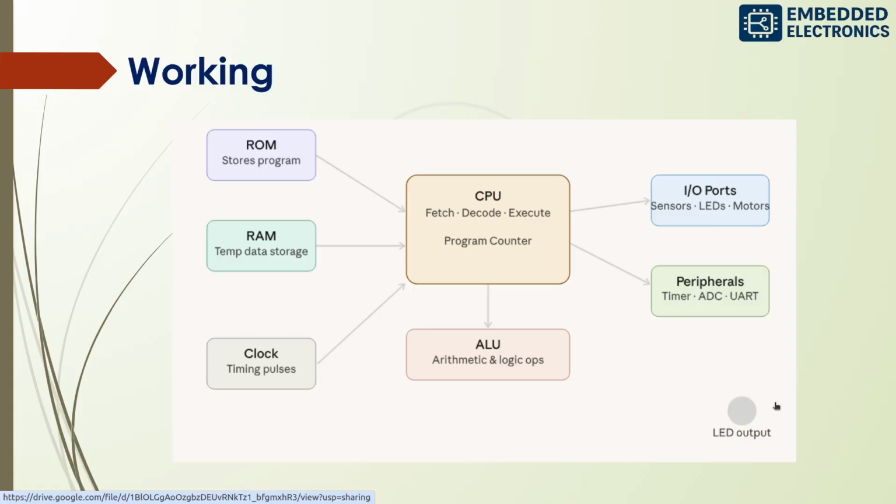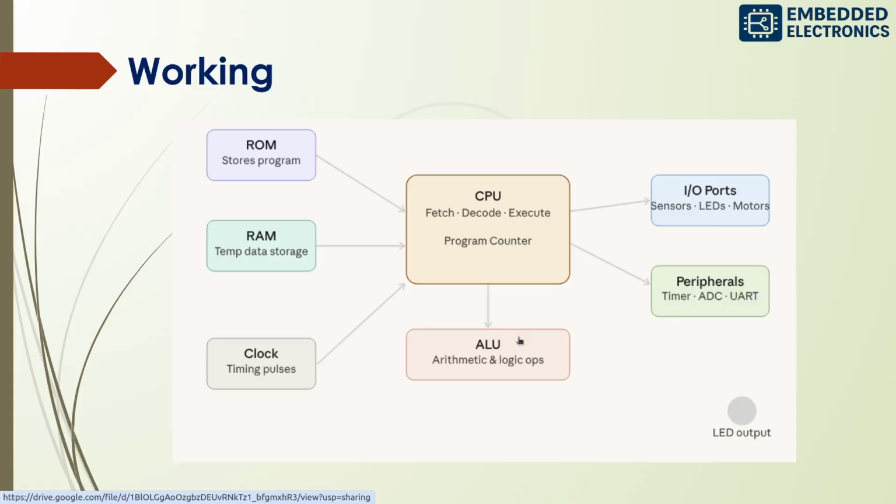So communication with other chips happens via protocols like UART, SPI, I2C, CAN or USB depending on the applications. So the ROM stores your program permanently. RAM holds temporary data while running. The CPU runs instructions like fetch, decode, execute.